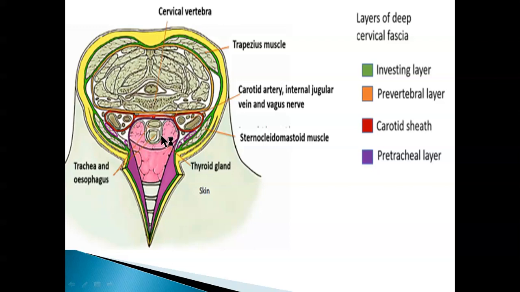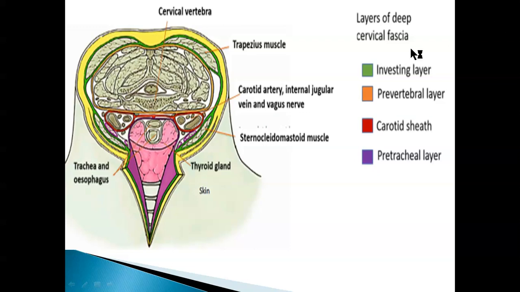Here we can see your investing layer covering everything like this. Investing layer of deep fascia, pretracheal fascia of deep fascia. Then we have the prevertebral fascia of deep fascia. And then we can see we have the carotid sheath, which is also a part of your deep cervical fascia.